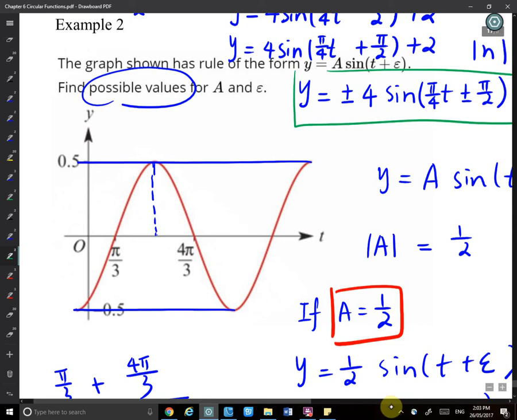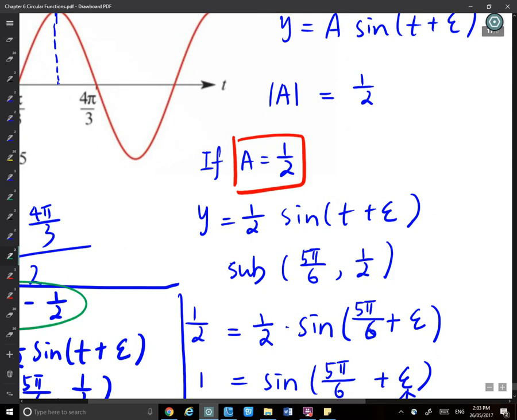What's the distance between that? Yeah, 2 pi. No, that's pi. So 4 pi minus pi is 3 pi. Okay, so that's correct. So the period is settled already.